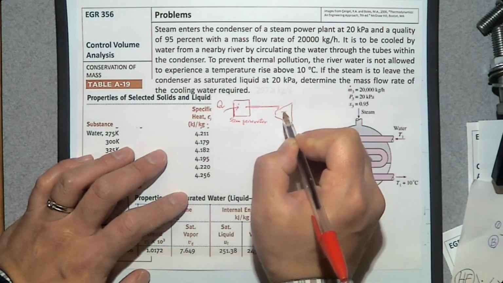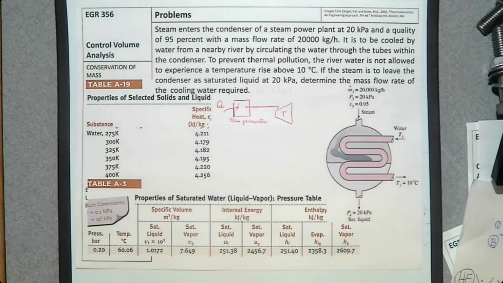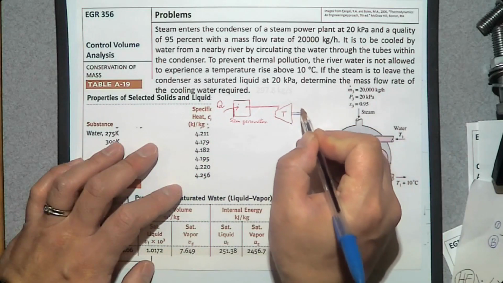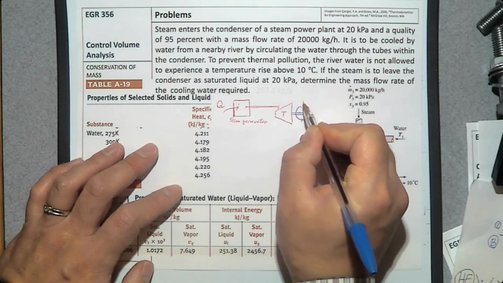And this one is a turbine where we produce mechanical power, W out.